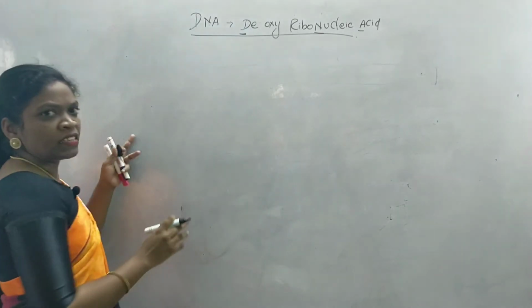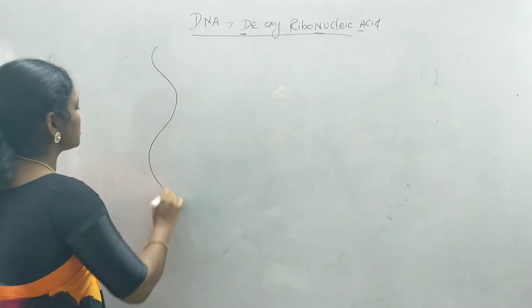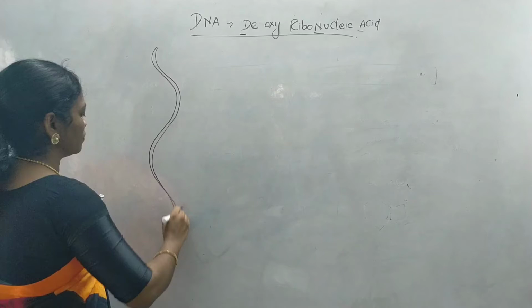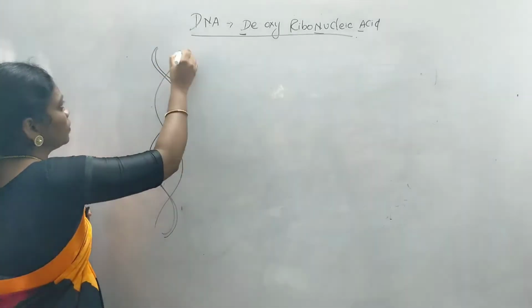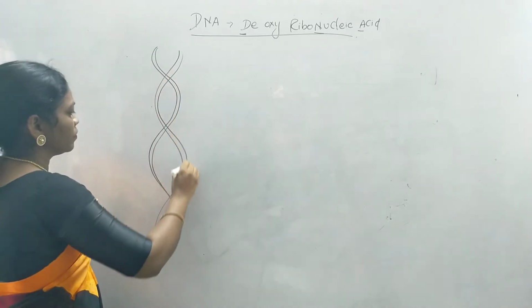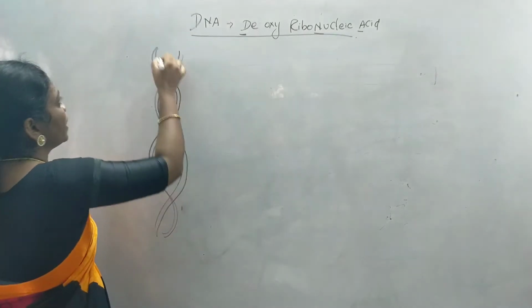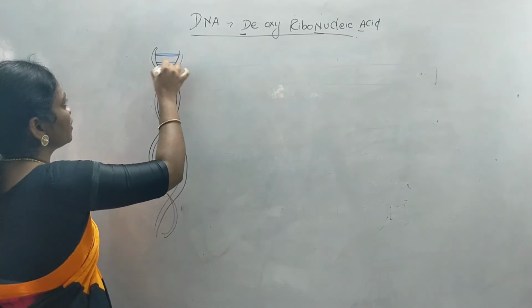We all know DNA is a double helical structure. The helixes you can find in this way, where you find double hydrogen bonds with the nitrogenous bases in the center.